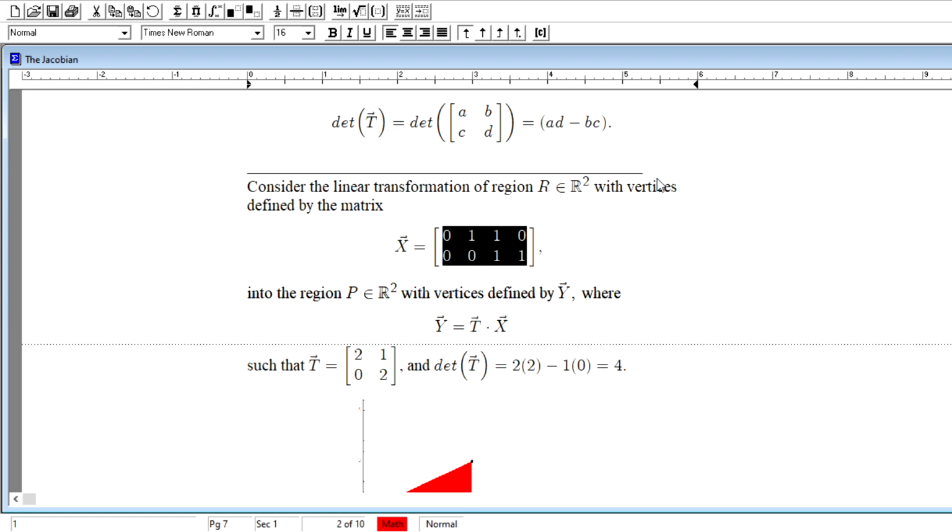We're using just four fundamental points in our region R, but we would consider this happening at all values within R to produce all the infinite points in P.